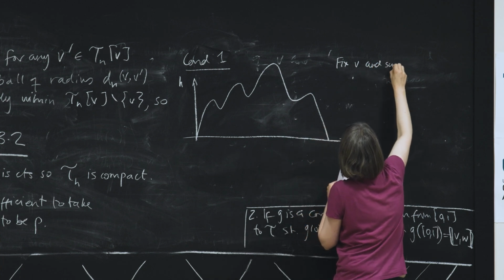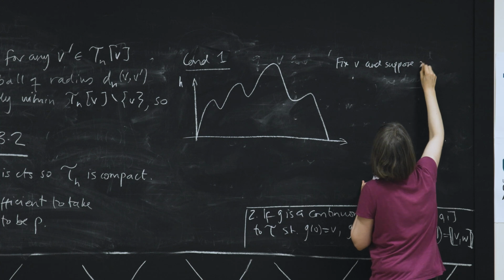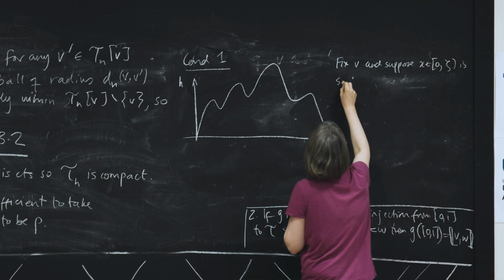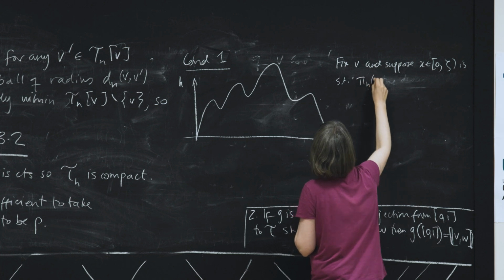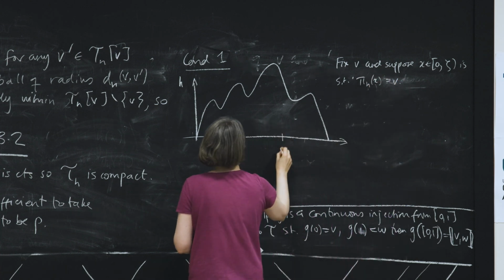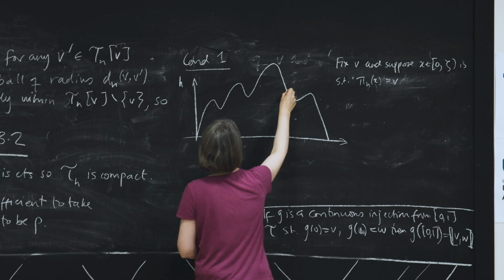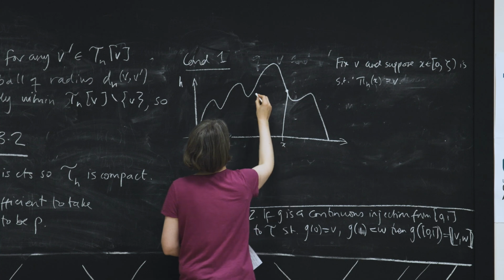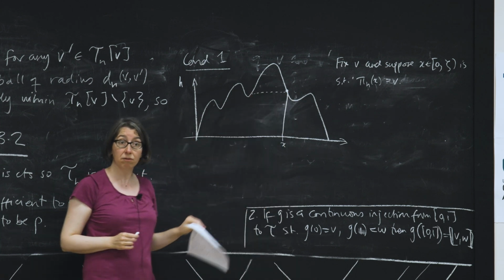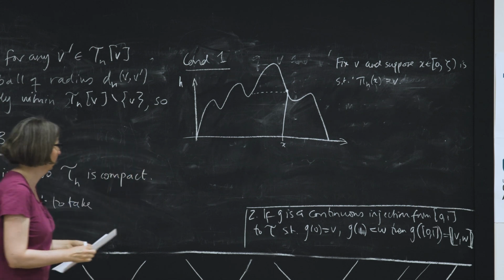And suppose, again, that x is some point which projects to v. Okay, so let's suppose that x is here. Now, of course, this point also projects to v, right?